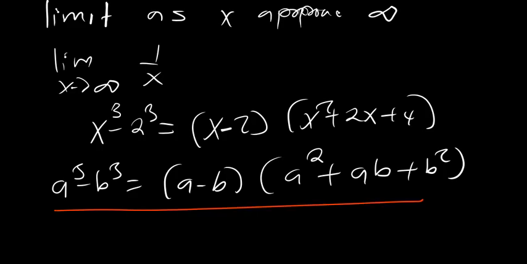In this case, this is our a and that's my b. I'm just plugging in: a is x, b is 2. Then a to the power 2 is x squared. A is x, b is 2, so 2 times x is 2x. Then b is 2, so 2 squared is 4. That's where the 4 is coming from.